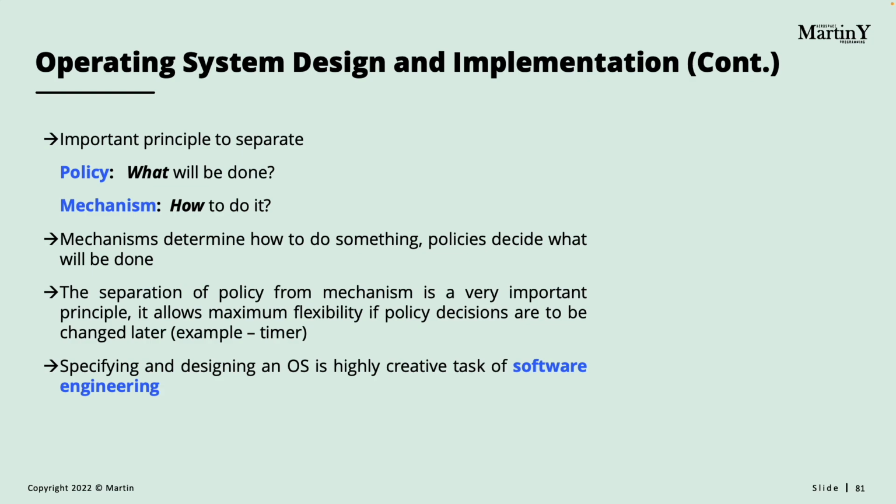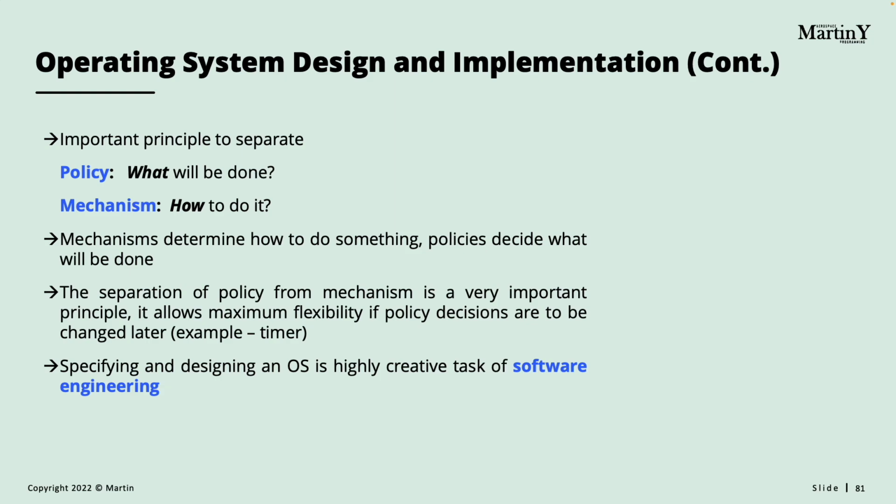So once we have the system goals, how secure we want our system to be and how we are going to run it, the next thing we want to do is to find some mechanisms on how to actually build those functionalities.